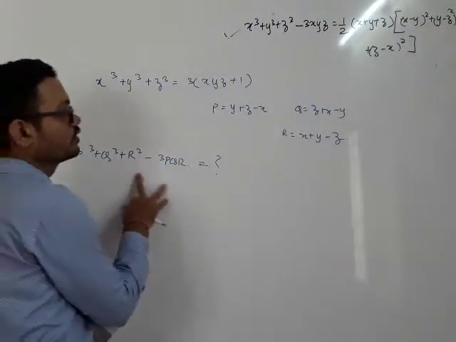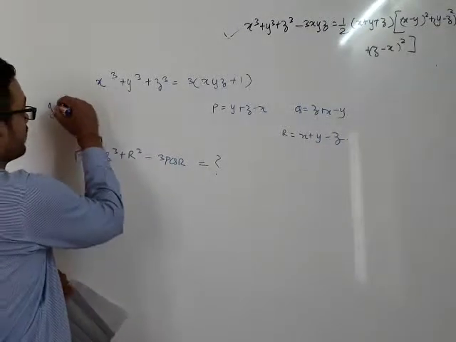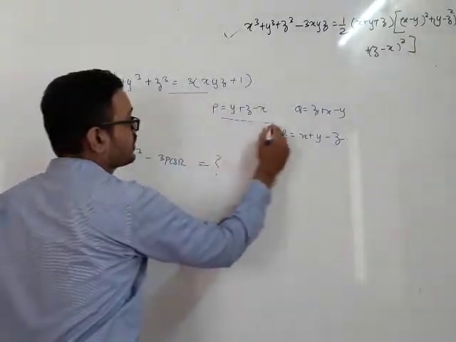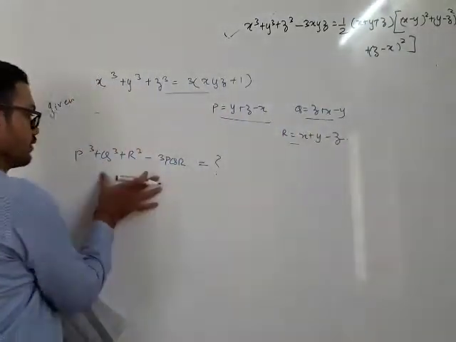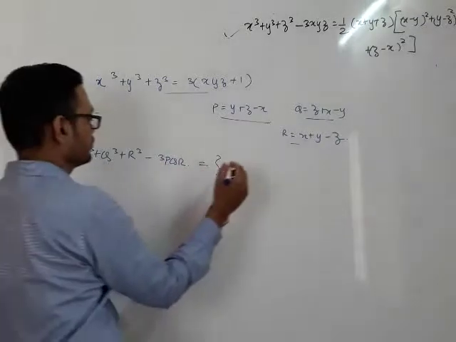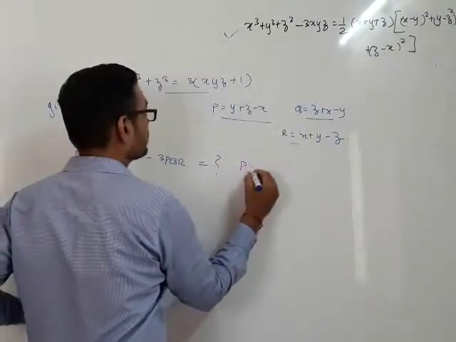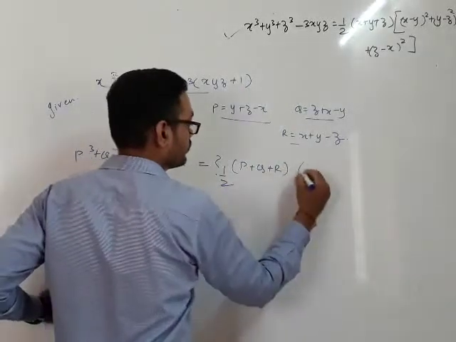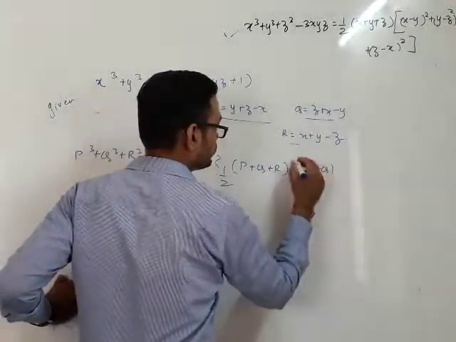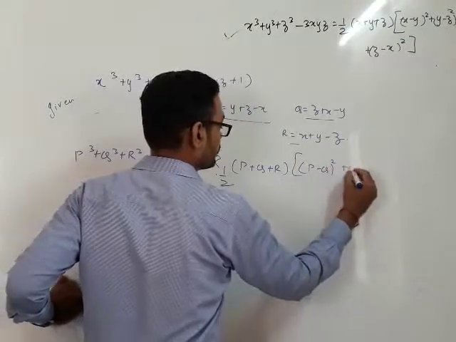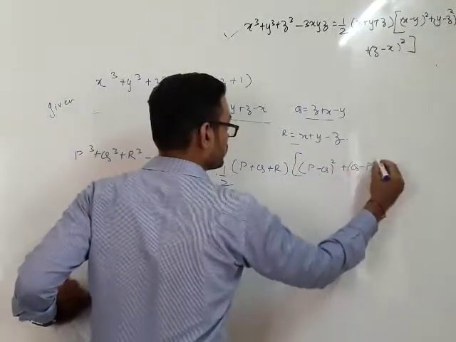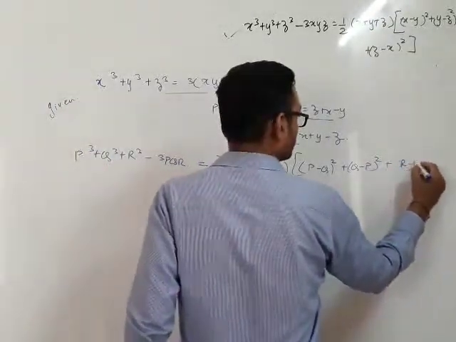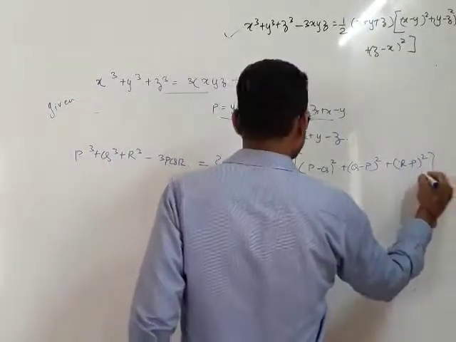Okay, so this value is given, this value is given, this value is given. They have asked for this. It will be P plus Q plus R into half of (P minus Q) square plus (Q minus P) square plus (R minus P) square.